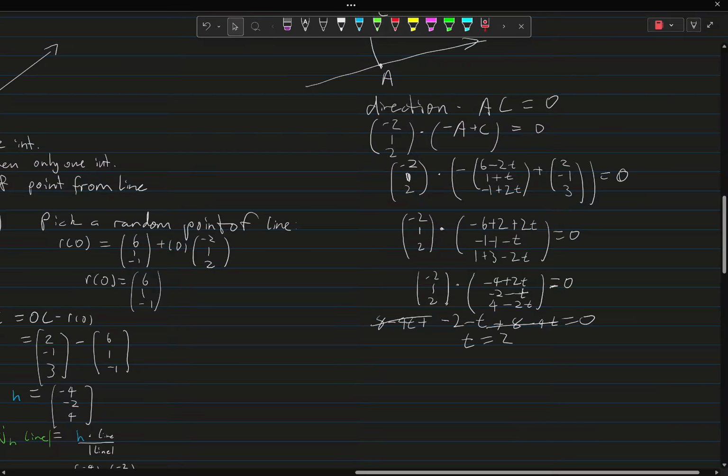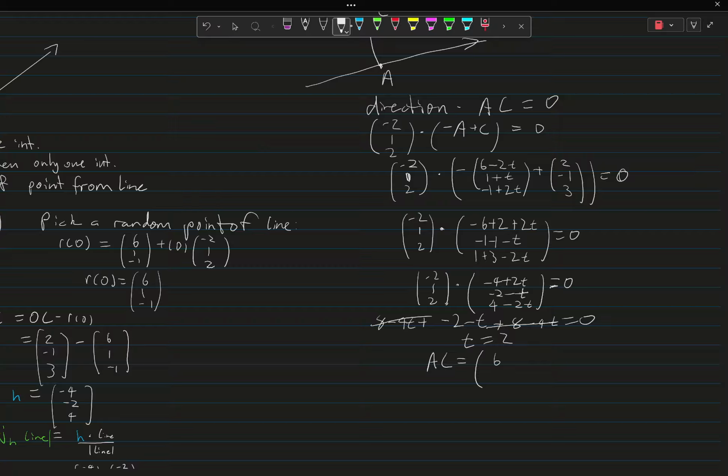So now we know that AC is equal to negative 6 minus 2 times 2, 1 plus 2, negative 1 plus 2 times 2, plus 2, negative 1, 3. This equals negative 6 minus 4, 3, negative 1 plus 4, which is 3, plus 2, negative 1, 3.